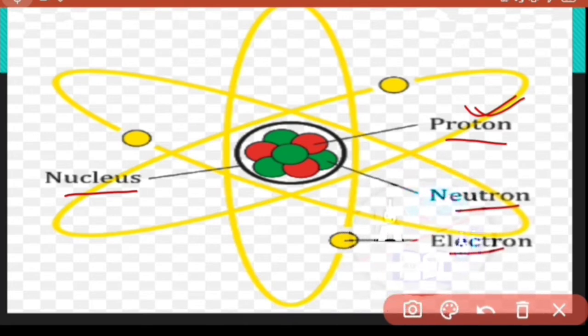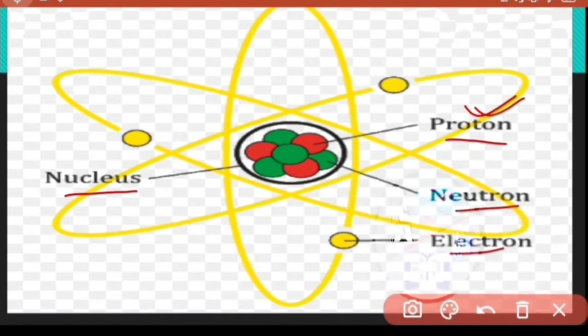Electrons are present outside the nucleus of an atom at their own revolving orbits around the nucleus. As they are present outside the nucleus, they form the extranuclear part of an atom. Electrons are the negatively charged particles.